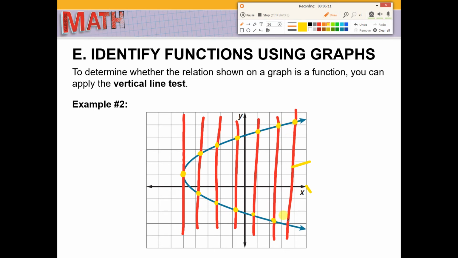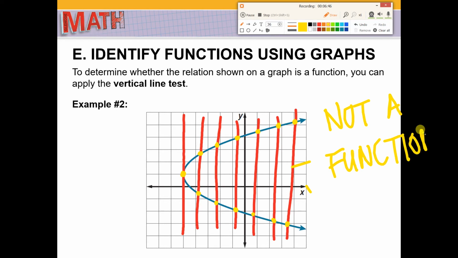So the rest are touching it at 2 points. Now, again, as I mentioned in the previous example, it is a function if all the vertical lines are touching the graph at only 1 point. But in this example, some of the vertical lines are touching the graph at 2 points. So this means that this graph is not a function.